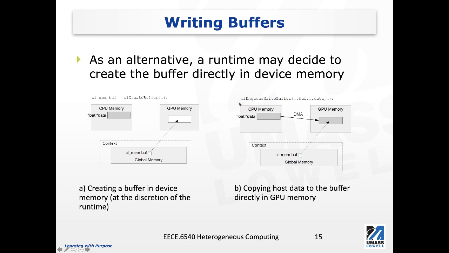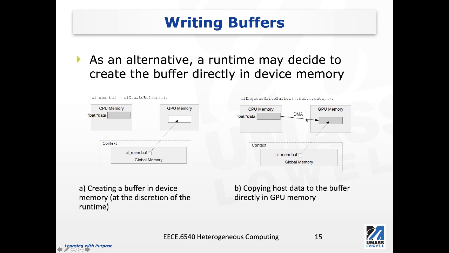And then we'll use clEnqueueWriteBuffer to explicitly copy data from this host side buffer to this buffer object on the device side. Again, we use direct memory access to improve the data copy performance.